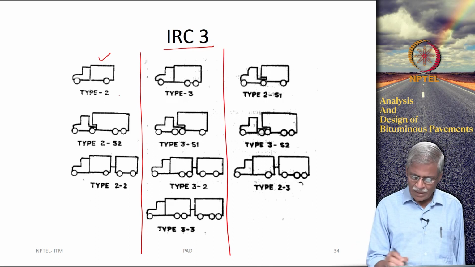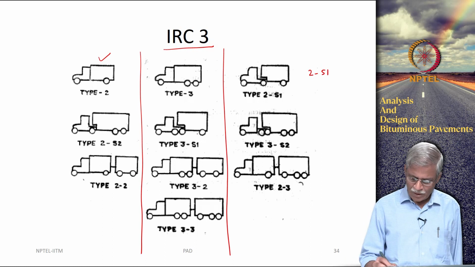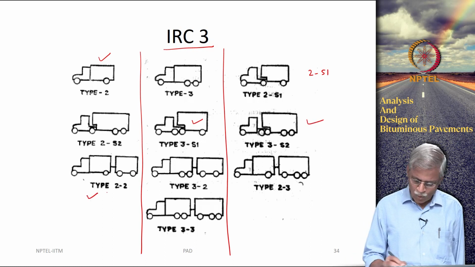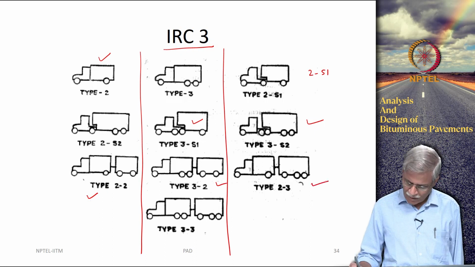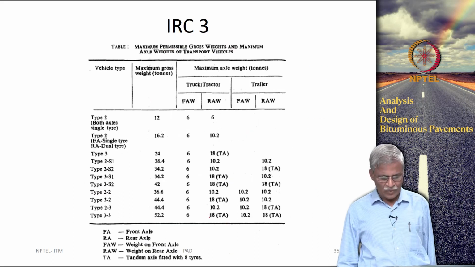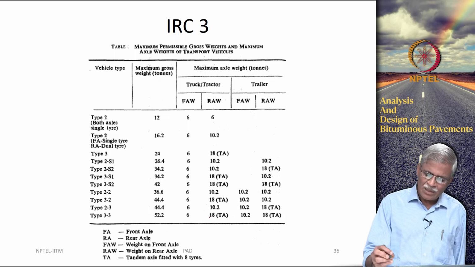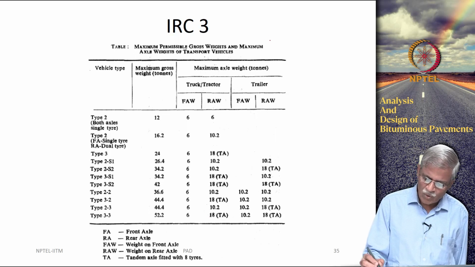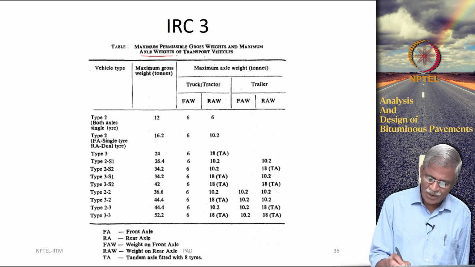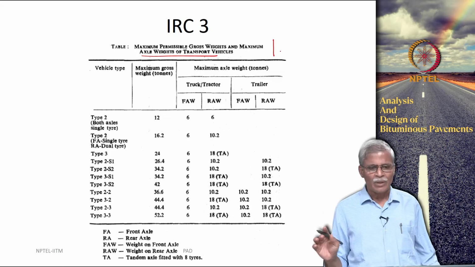In type 2 you will also see S1, 2S1, 3S1, 3S2, then 2-2, 3-2, then 2-3, 3-3. So, various combinations are given here, and you can see the maximum permissible gross weights and maximum axle weights of transport vehicles. These are government regulations that are promulgated.